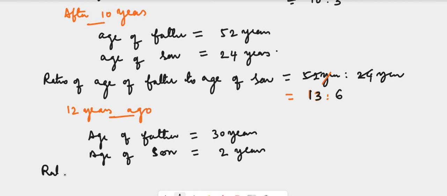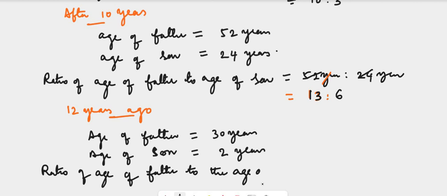So ratio of age of father to the age of son is equal to 30 is to 2. 2 table cancel, 15 is to 1.